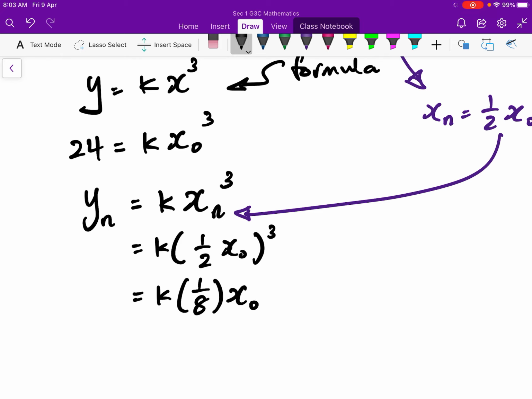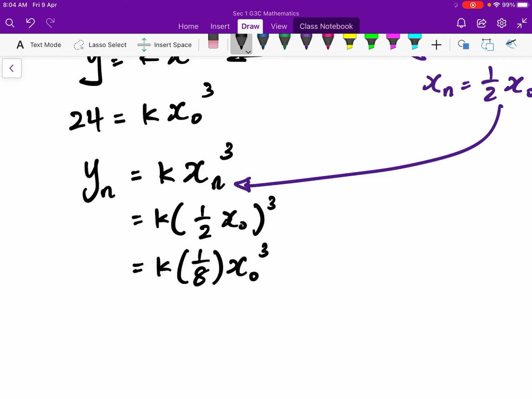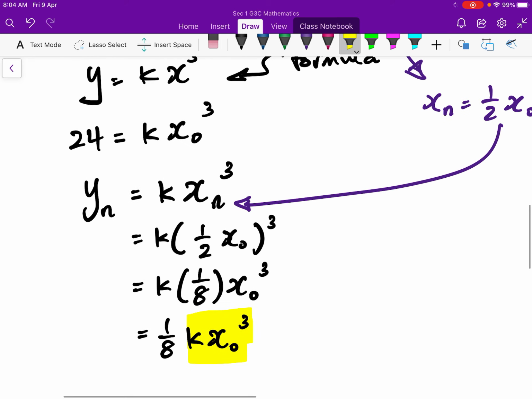Then we have x0 power 3. You notice it's the same few steps all over again. Number, put it in front. So 1 over 8 times k x0 power 3. And you notice that it's the same k x0 power 3. It is always done this way. It will appear again.